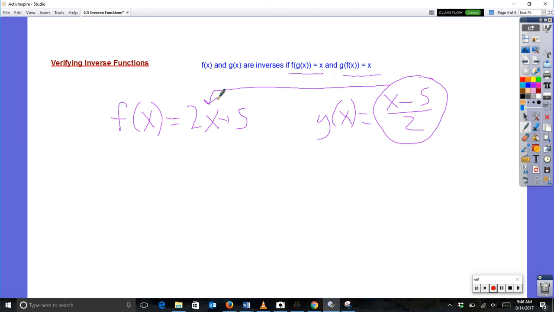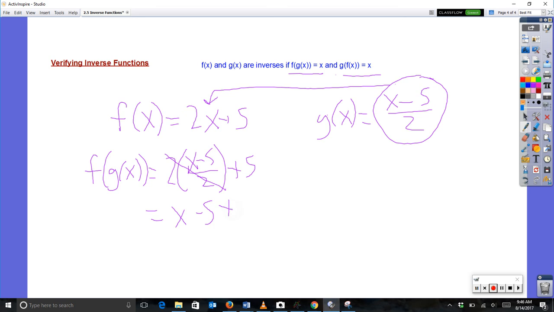So let's do that. If we take f and we plug g of x into it, it would be 2 times x minus 5 over 2 plus 5. Well, watch, the 2's cancel. We have x minus 5 plus 5. The 5's cancel and we have an x. That's very compelling that it's an inverse. It should work both ways.